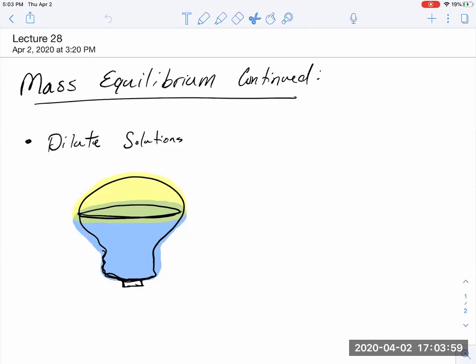So an example of what we might be thinking about in the context of mass equilibrium in dilute solutions could be characterized with the picture I've shown here. Imagine you have some flask, and in that flask are two different liquids, say water in the blue, oil floating on top in the yellow. I might imagine that in that solution there are some solutes. I'll draw these little black dots.